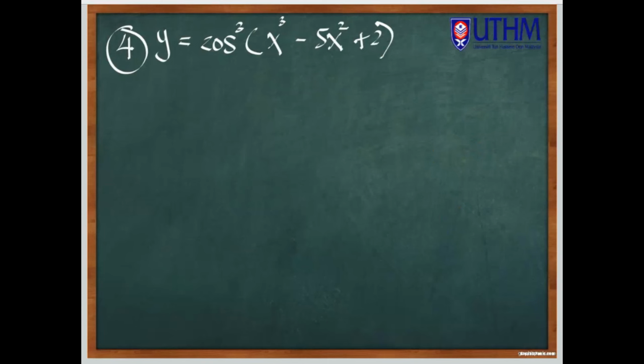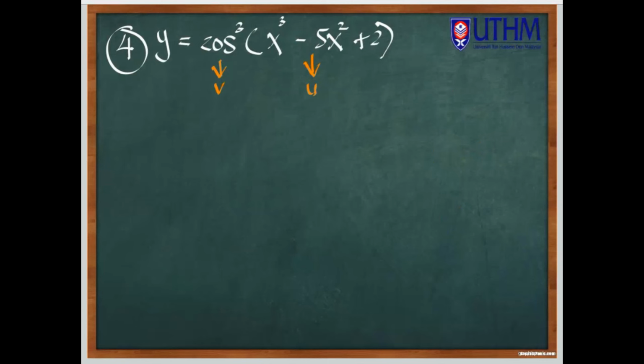Before that, we will assume the one in the bracket as u, and then we will assume cos u as v.